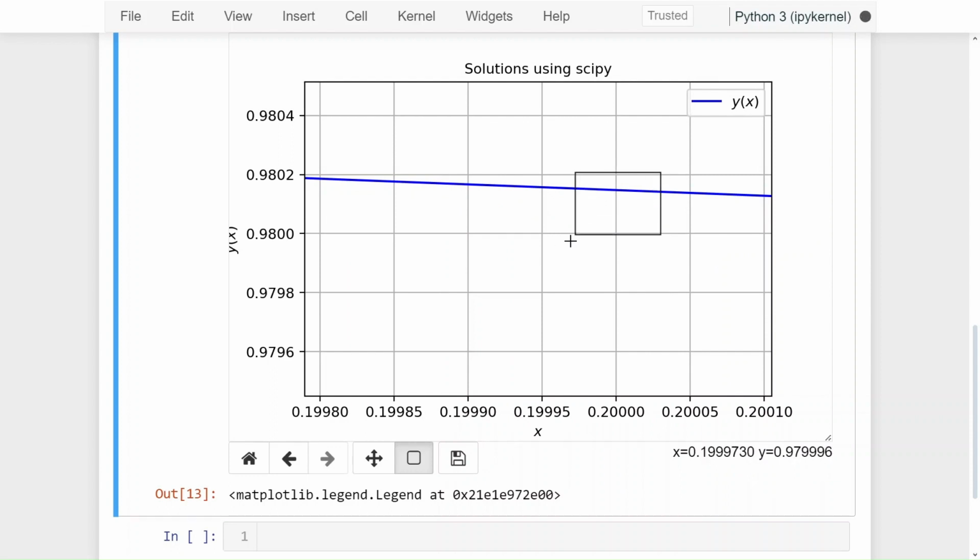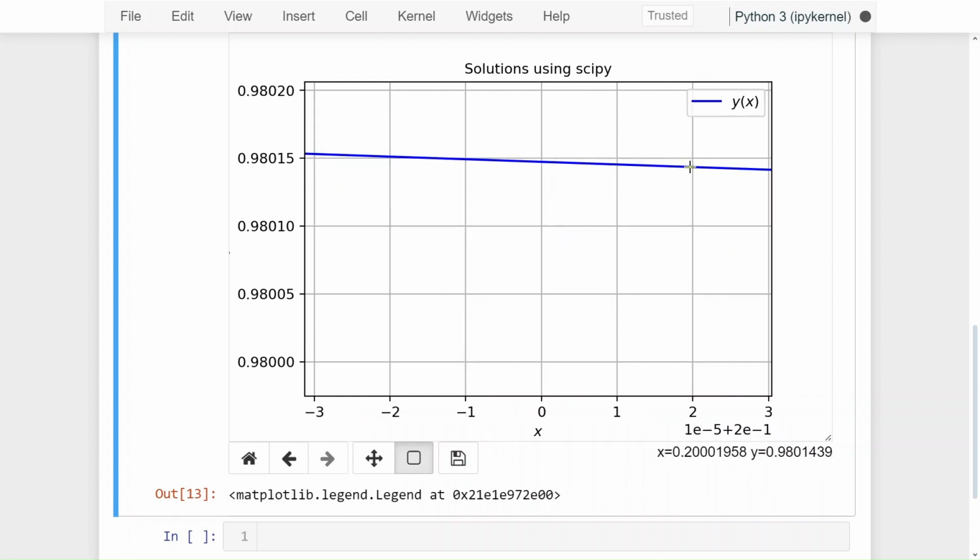At x equals 0.2, you have to just coincide this plus sign with this curve as much as you can. Let me try to overlap with it.